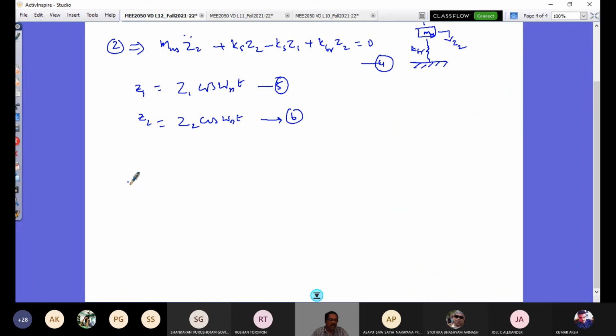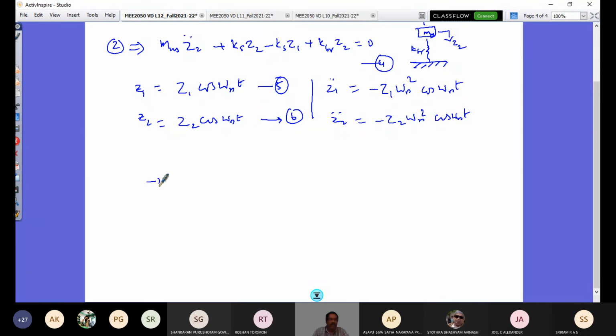So when I substitute this, Z1 double dot would be minus Z1 omega n square cos omega n t, and Z2 double dot would be minus Z2 omega n square cos omega n t. If I substitute all that, I would get my other two equations, 7 and 8.